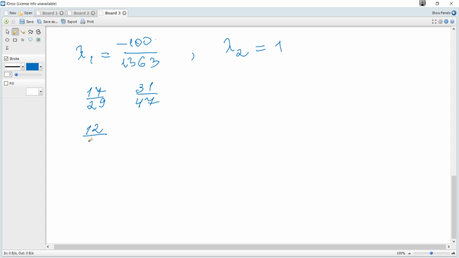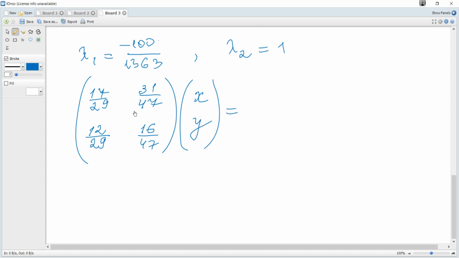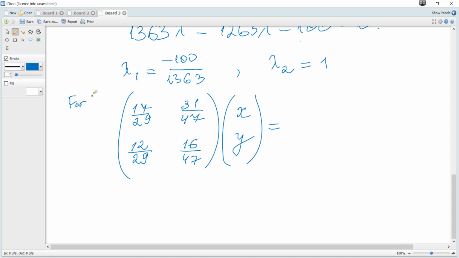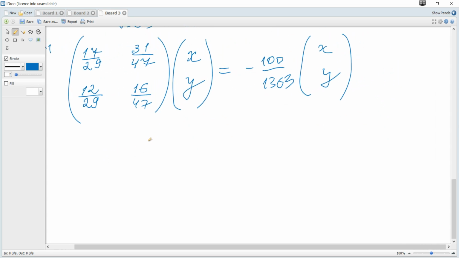12 over 29, 16 over 47, multiplied by some vector xy is equal to lambda, and let's consider lambda 1, so it becomes negative 100 over this value, xy. And then we multiply two matrices. How to multiply them?